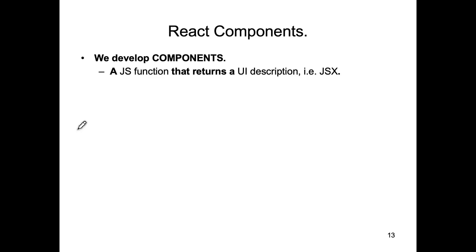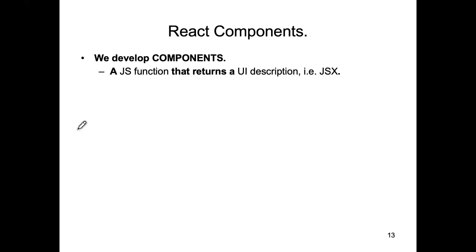Now you can have any logic you want in the JavaScript function, but critically, that function must return the JSX or UI description that it wants to have rendered on the web page. So it has to return a snippet of JSX.